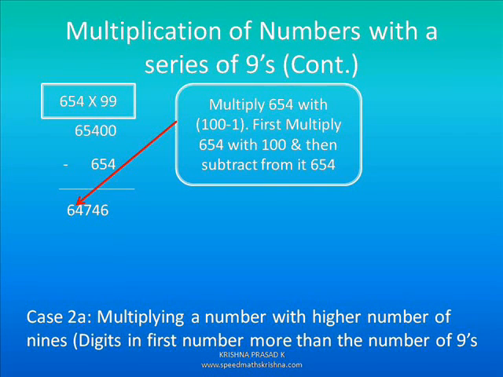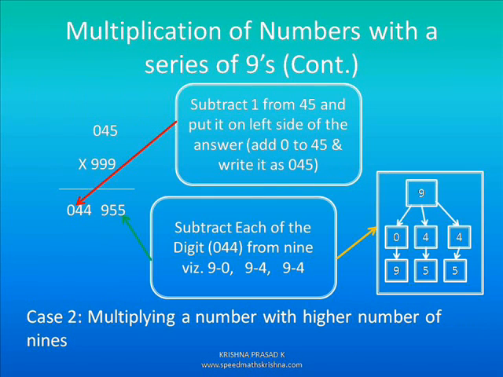Let's take one more example. 45 multiplied by 999. Subtract 1 from 45 and put it on the left side of the answer, that is 44. You have to prefix 45 as 045 and then subtract 1 from 045, that is 044, but the value is 44.